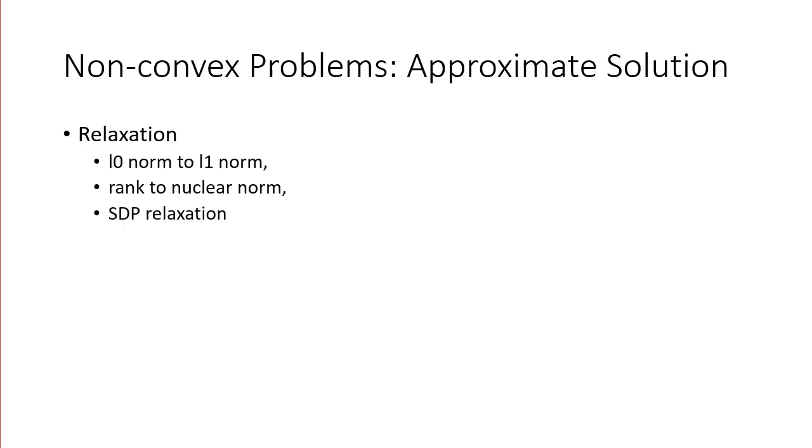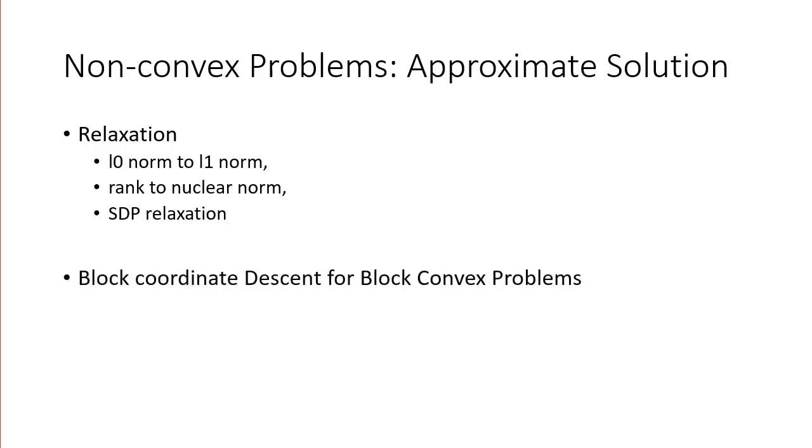And then there are two more inexact methods that we will have a look at in the subsequent lectures, which are block coordinate descent for block convex problems. Block convex problems have certain specific structure for which block coordinate descent methods can be used.